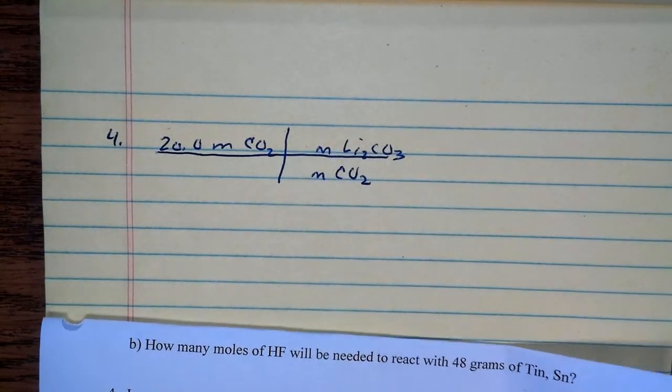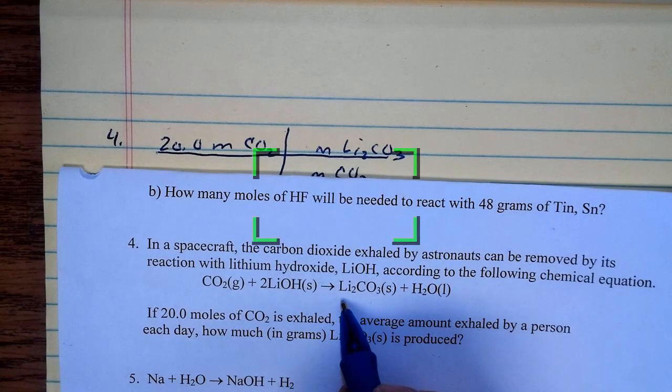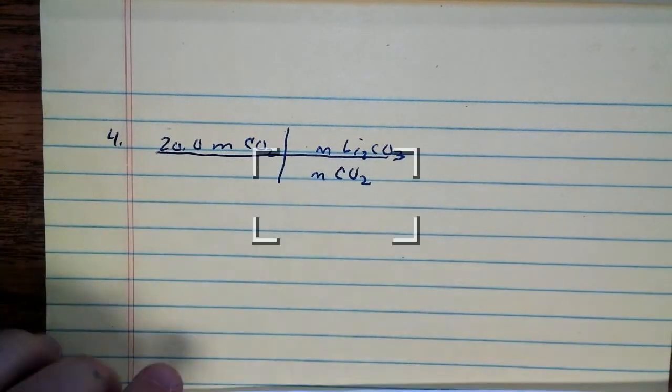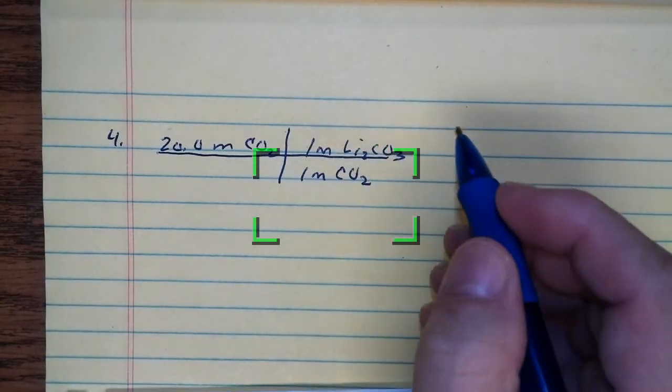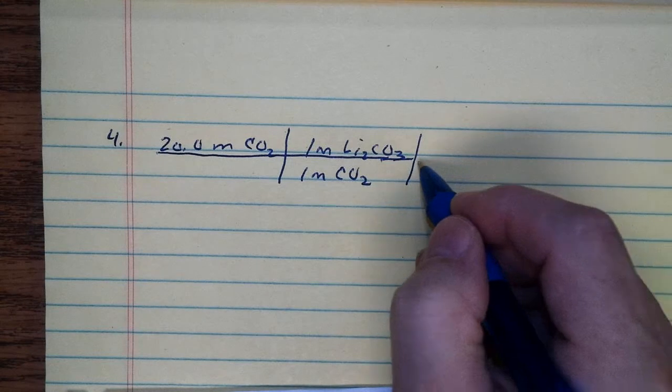Let's look at the equation here. There's no number by lithium carbonate, so it's a 1. And by CO2, that's also a 1. So it's a 1-to-1 ratio. That's easy. And now we've got to go to grams of lithium carbonate.